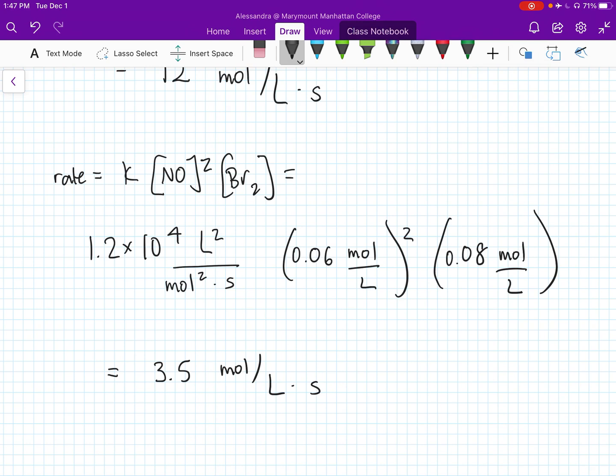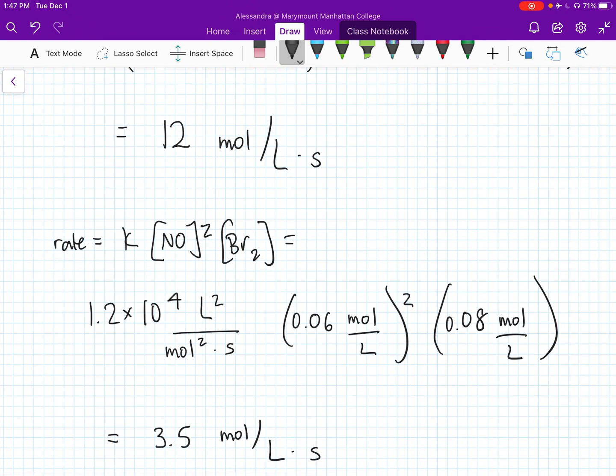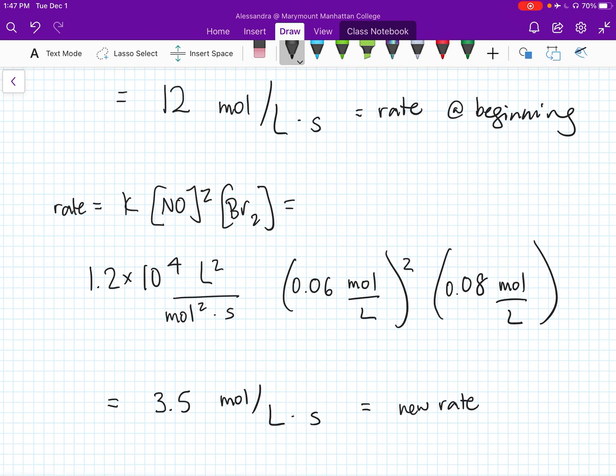Okay, so this is a big contrast, right? At the start of the reaction, the rate was 12 moles per liter second. So this is the rate at the beginning. And this 3.5 moles per liter second is the new rate. So this really should hit home in terms of what we talked about at the very beginning of this chapter.